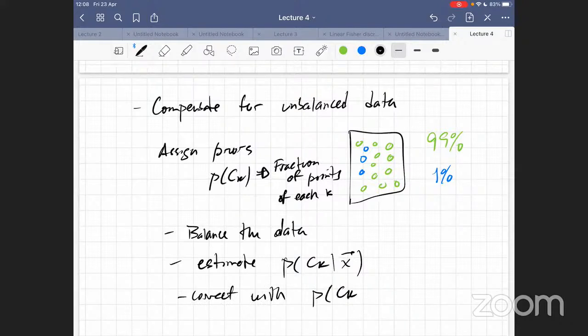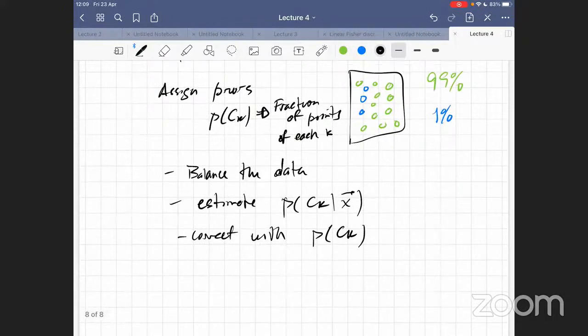So you undo the balancing by taking into account these priors, right? And this is because you know that this guy is proportional to this one. So that would be the way to go, and the best way to handle a situation like this is to balance the data set and think of it in probabilistic terms.